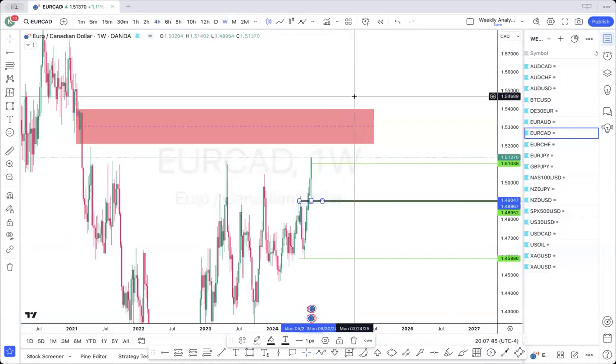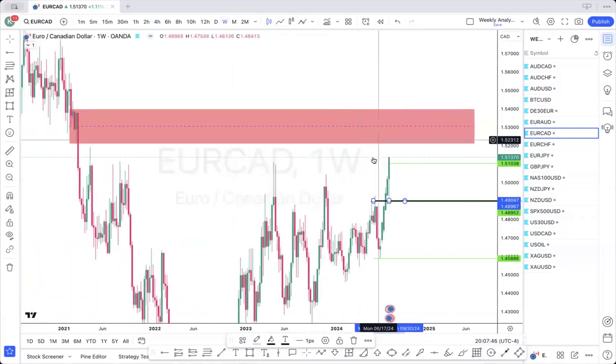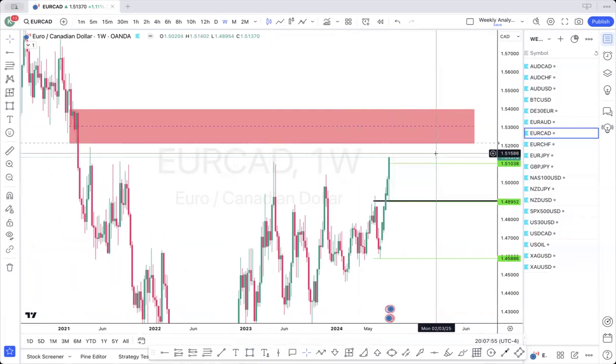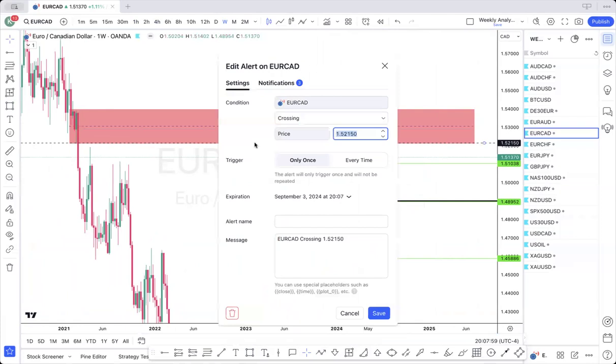I don't know why I chose this pair. I think it's because it's approaching, and this may be a few weeks, so maybe we'll come back to this one. I'm going to set an alert.